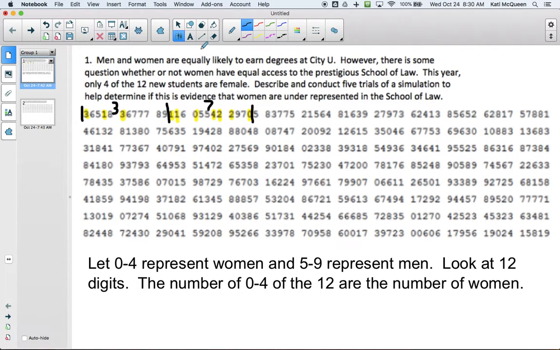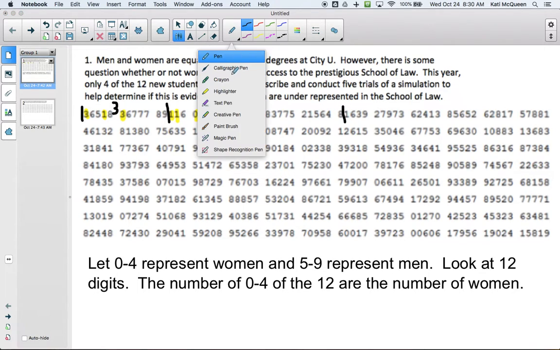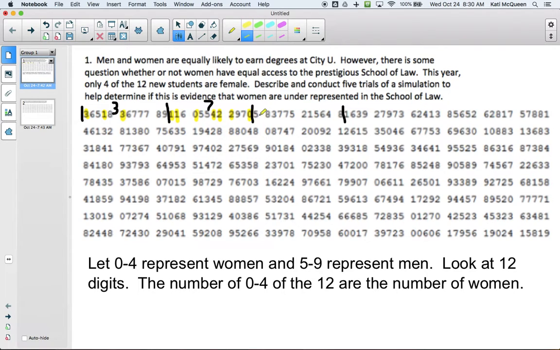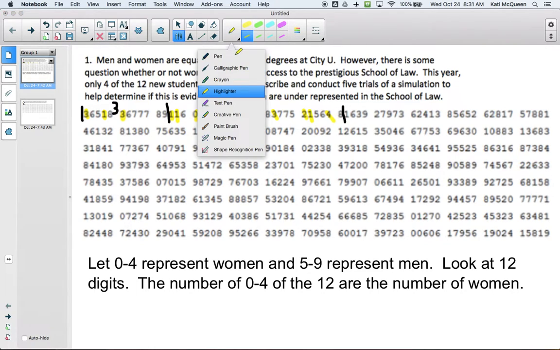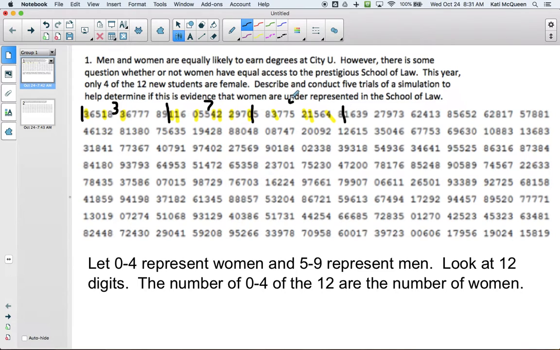And they ask us to do 5. So I'm just going to do the same thing here. So this trial had 4 women. 1, 2, 3, 4, 5, 6, 7, 8, 9, 10, 11, 12.